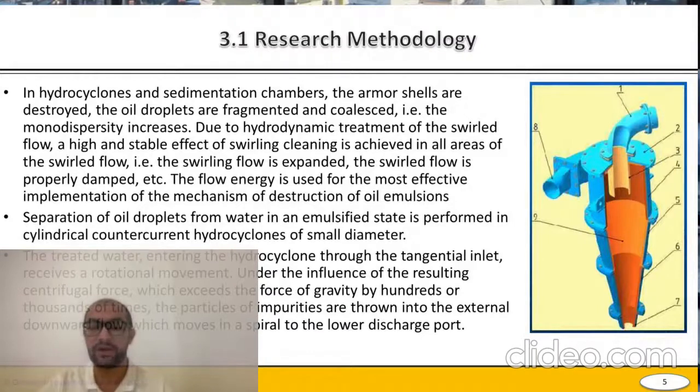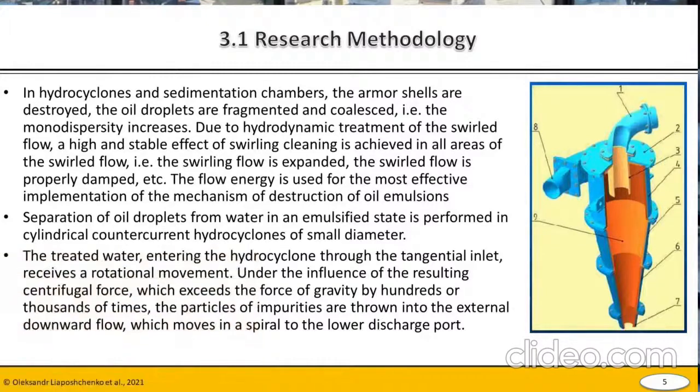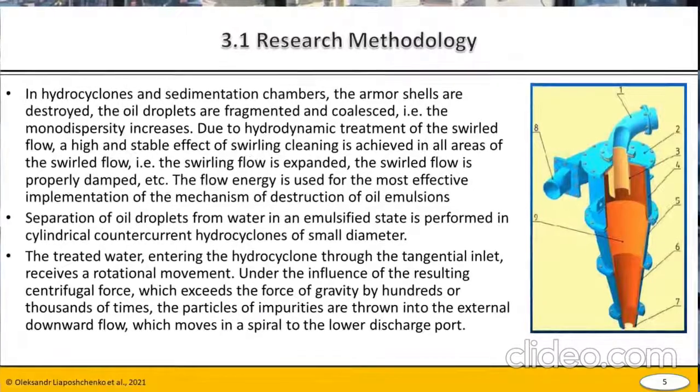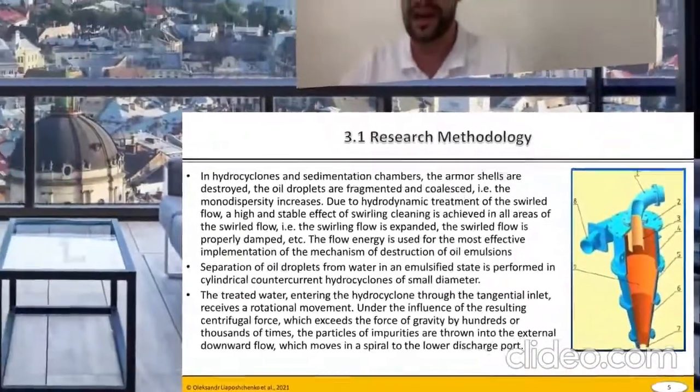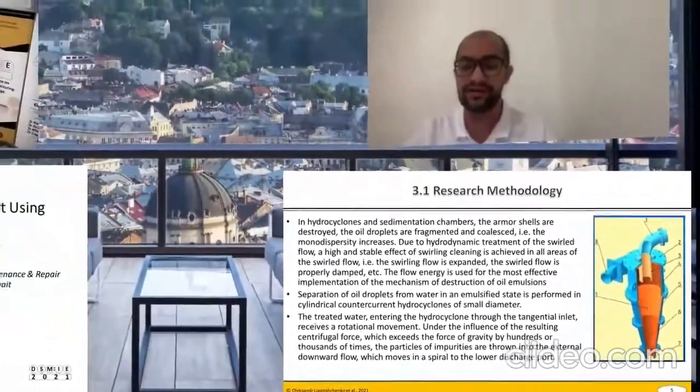The separation of oil droplets from water in an emulsified state is performed in cylindrical counter-current hydrocyclones of small diameter. The treated water entering the hydrocyclone through the tangential inlet receives a rotational movement under the influence of the resulting centrifugal force, which exceeds the force of gravity by hundreds or thousands of times.